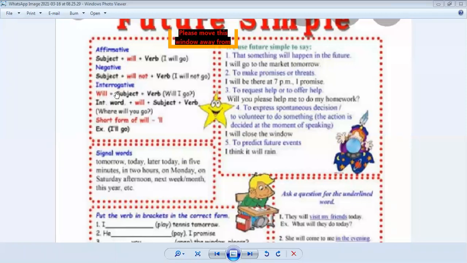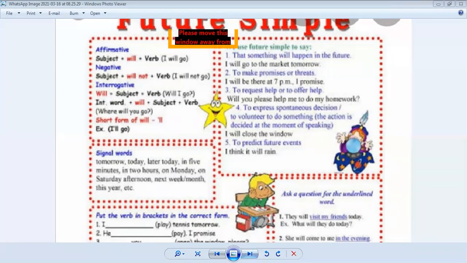So the interrogative or the question form will start with will plus subject plus the infinitive form of the verb. Like this example, will I go to the market? Will I have dinner? Will she play with me? Okay, and the short form of will is apostrophe double L.